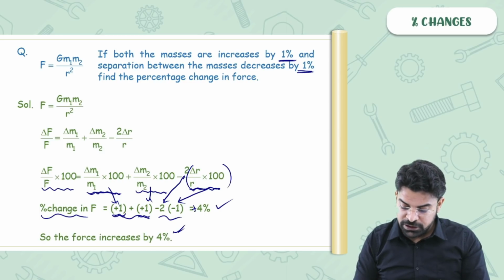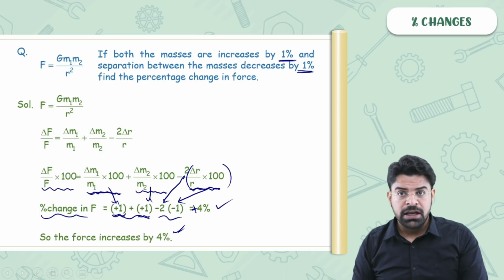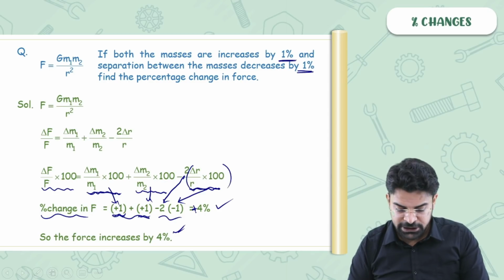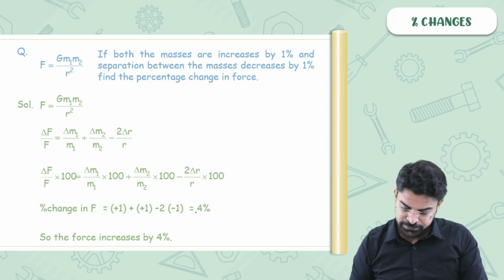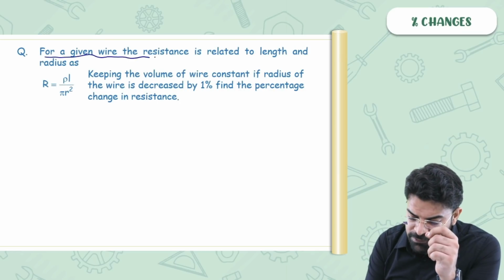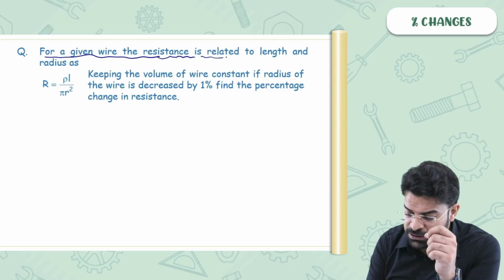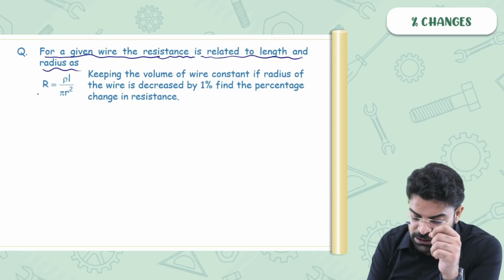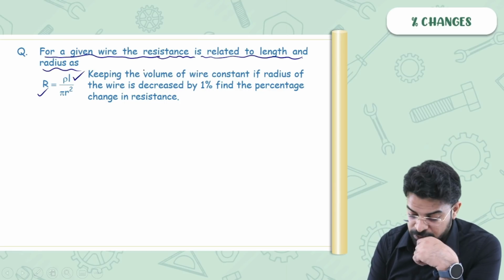Why? Because here we have a plus sign. So the last example for small percentage change is here. For a given wire, the resistance is related to length and radius as R equals rho L by pi r square.